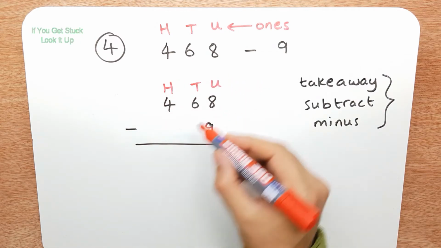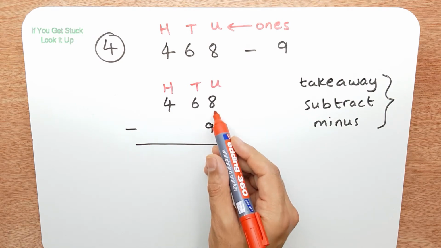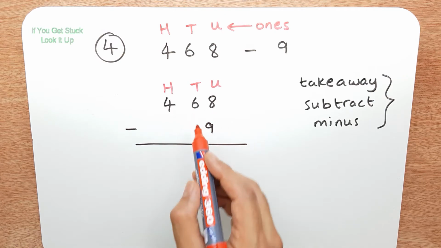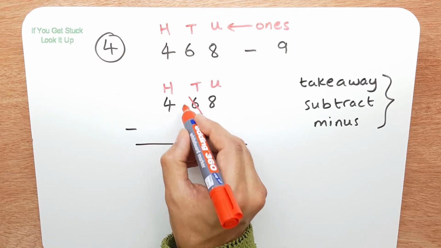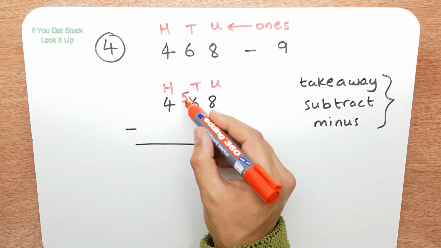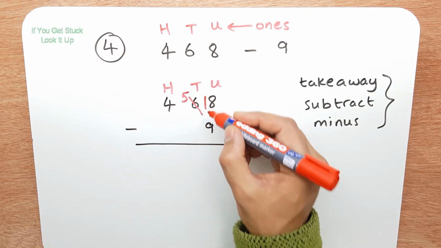Let's start. 8, take away 9. We can't do that. We've not got enough. So we have to go to our neighbour and borrow one from here. So this 6 becomes a 5. And the one we've borrowed turns this 8 into an 18.